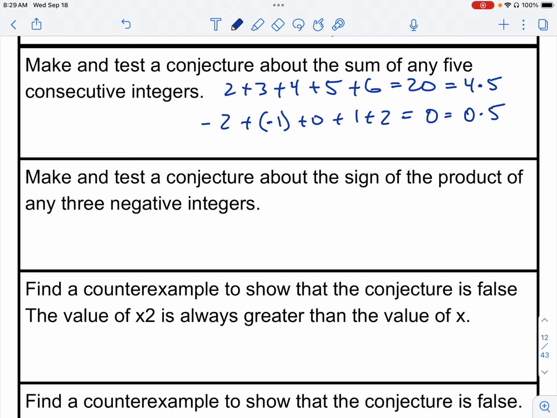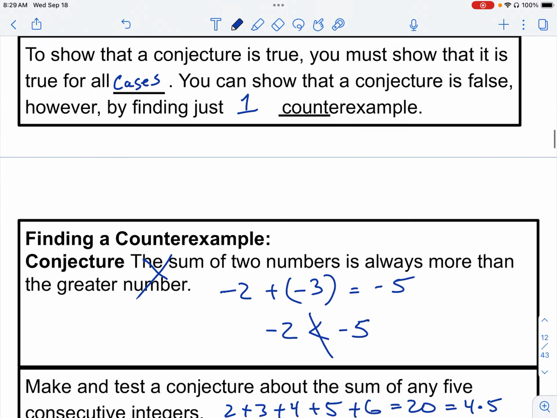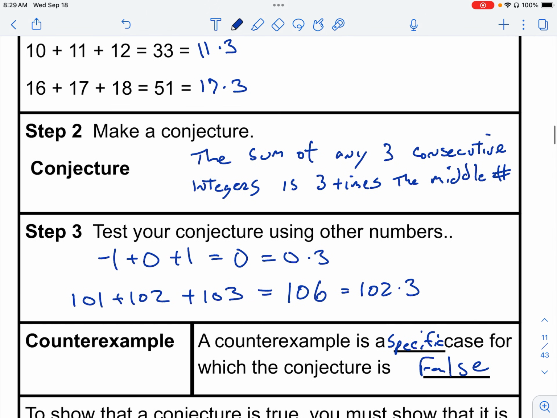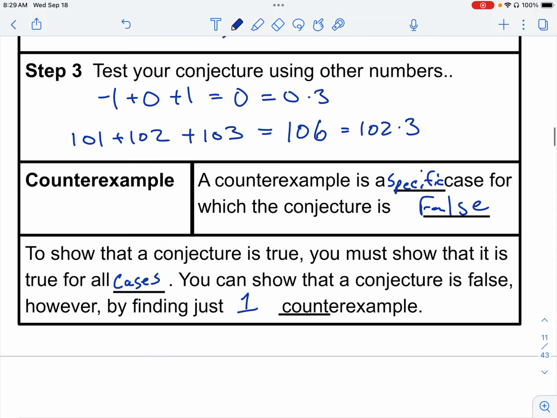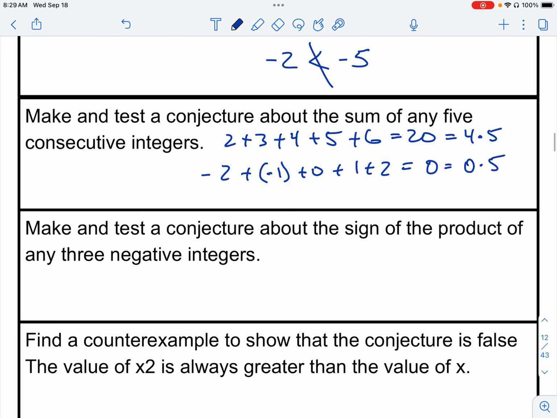So here we're going to have, very similar to our 3, the sum of any 5 consecutive integers is 5 times the middle number.